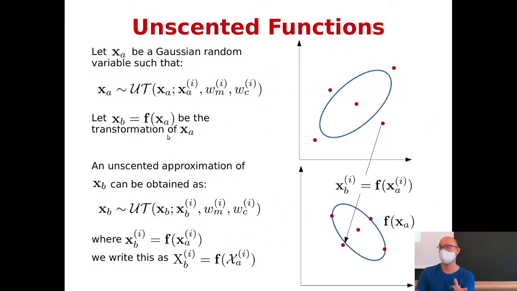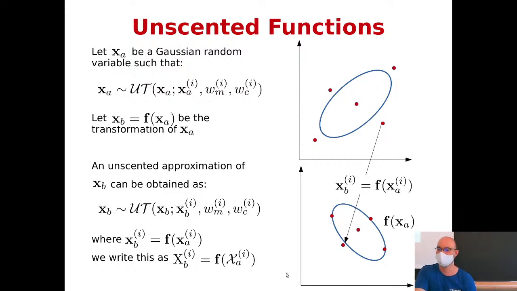You will have a set of sigma points. Where will these sigma points live? Well, in the space where you projected the original sigma points, right? Well, but I have sigma points. And if I have sigma points, I already have an unscented representation of that distribution.